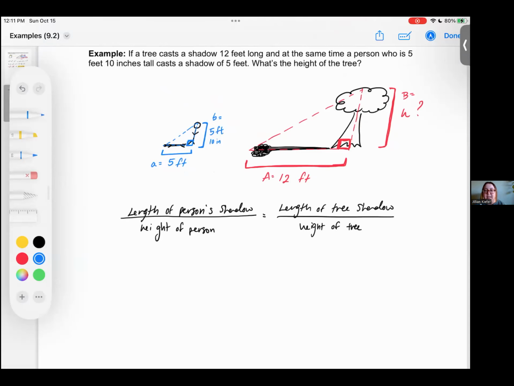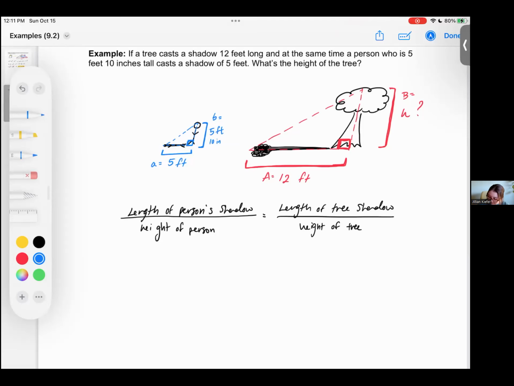Since we're making these computations, we want to realize that the height of our person is given in feet and inches. We want this all to be in feet. So we need to convert 5 feet, 10 inches into all feet. In this case, we're just going to use a calculator. We divide 10 by 12, because there are 12 inches in a foot, and add that onto the 5 feet.